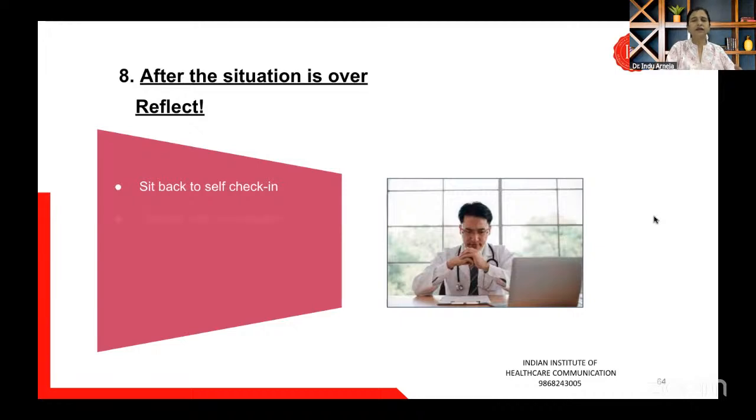real learning lies. It's always useful to discuss with colleagues. They may give you some more ideas, some more insight into how to go about managing the situation. Read material to update yourself, because I know this is now happening very frequently, and people are very alert.